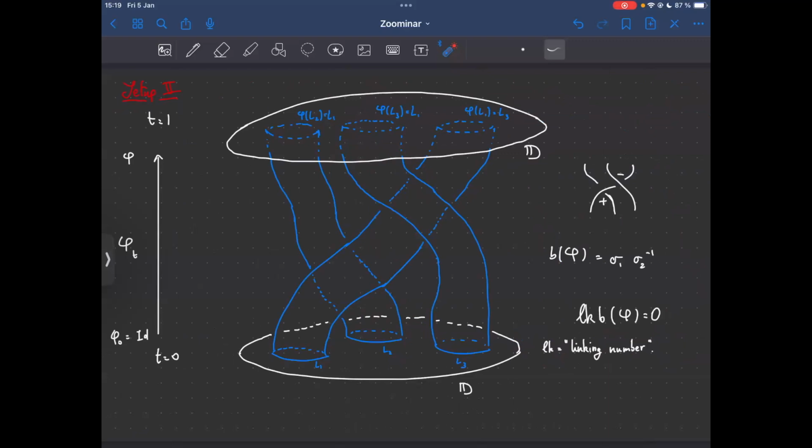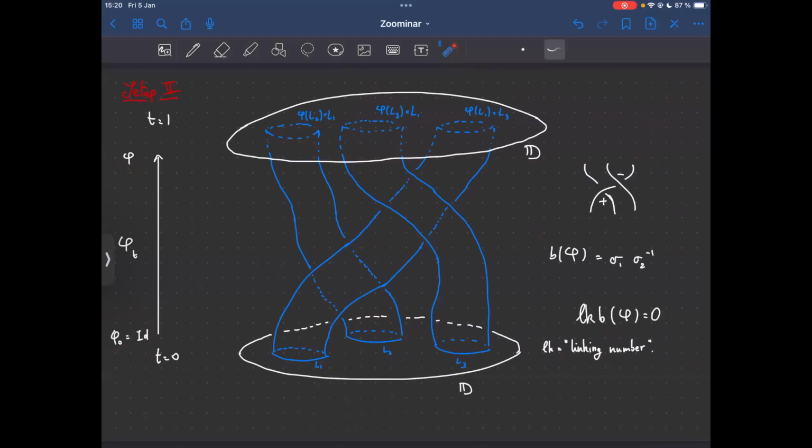We take any Hamiltonian isotopy between the identity and phi, the Hamiltonian diffeomorphism in question, and we follow the circles as they move through the Hamiltonian isotopy. So this gives essentially a braid, this collection of paths with thickened strands.